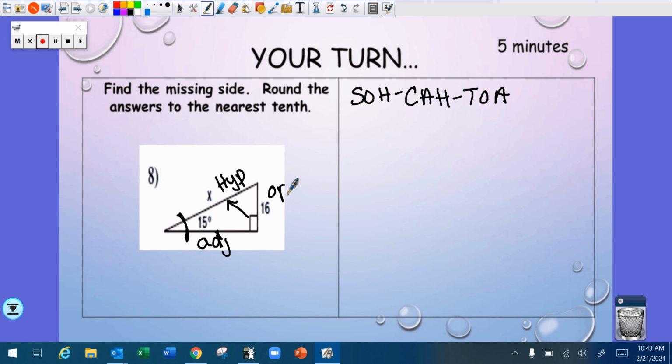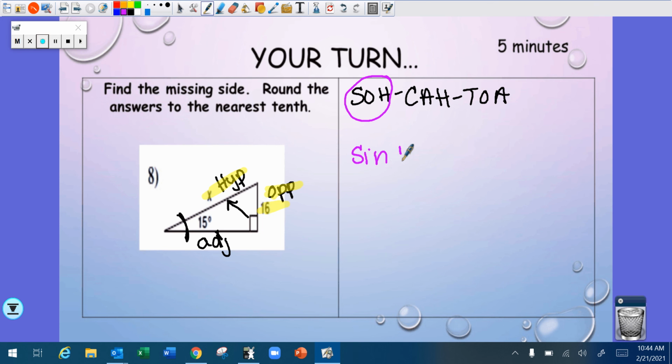This is my opposite side. And then I'm going to look at what I'm looking for, which is the hypotenuse, and the side that they gave me is the opposite. So I'm going to go in and use sine because it has both opposite and hypotenuse in it.